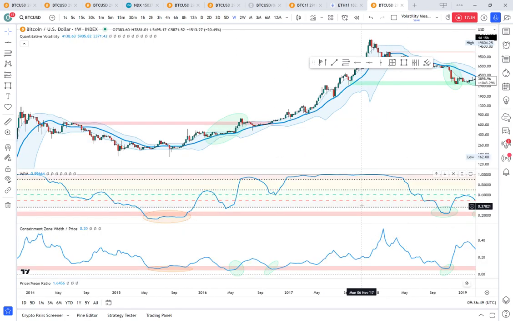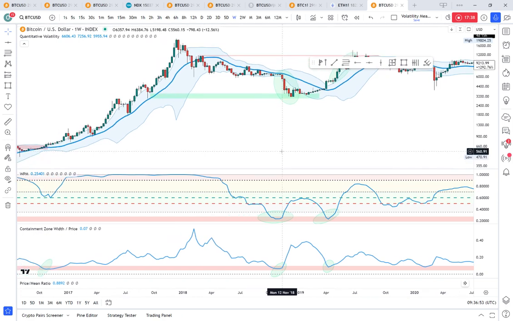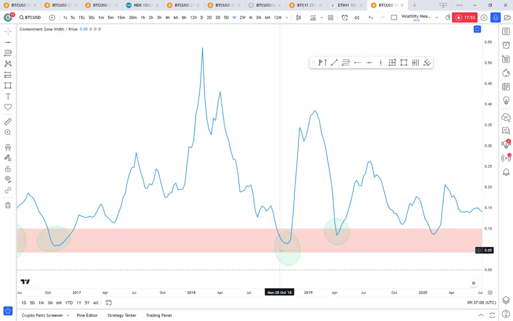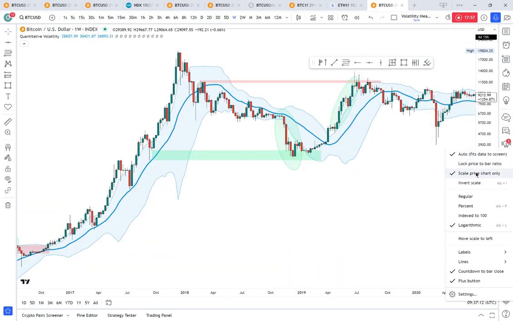Next time in the cycle that it happened was to the downside, actually, which is an interesting illustration of my point that expansion and compression doesn't really care about direction. We have this volatility compression, the price ratio compression, and where does price go if we flip this upside down?